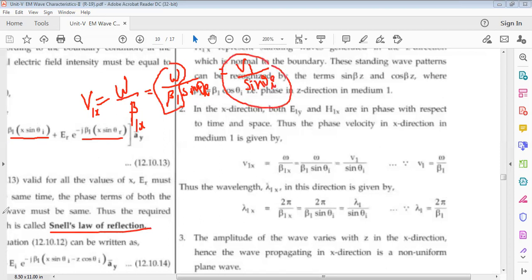So remember this expression. In terms of the wavelength also, it is the same thing: the wavelength lambda is equal to 2 pi by beta.